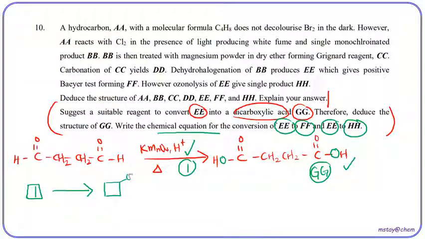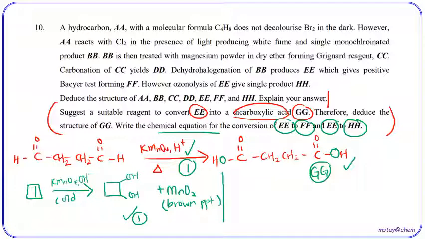So we'll form the diol, OH, OH, plus MnO2. So this is cold alkaline KMnO4. Okay, so I think here you need to mention brown precipitate. So this equation, another 1 mark.